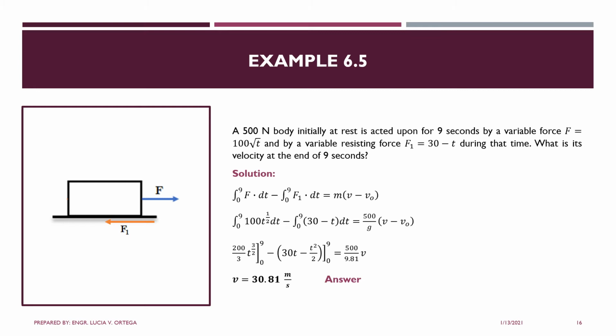Initial velocity is 0 because it starts from rest. Integrating the left side and simplifying the right side, then substituting the limits, we get the velocity equals 38.1 meters per second. That is the velocity after 9 seconds, starting from rest.